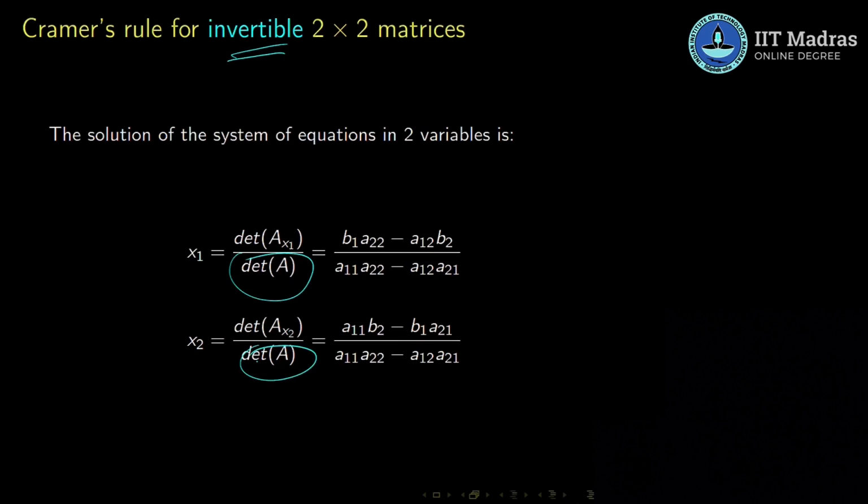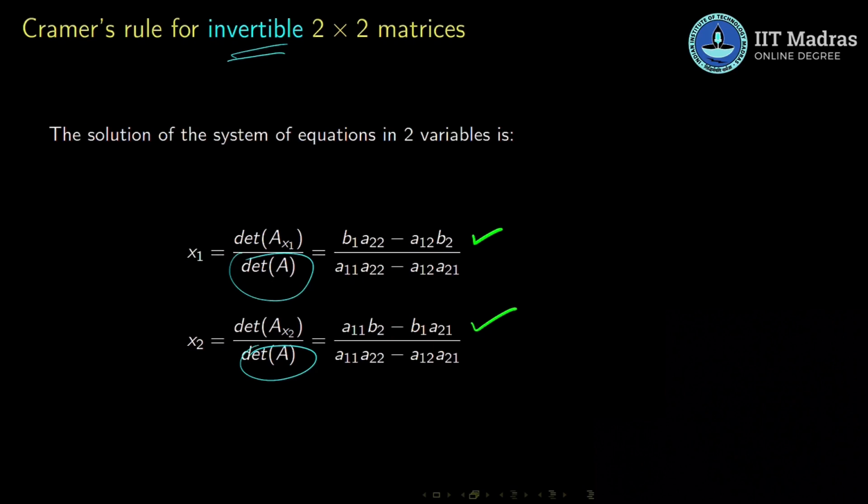For 2 by 2 matrices the determinant is easy to compute. So, the numerator for the first expression is B1 A22 minus A12 B2, and the numerator for the second expression is A11 B2 minus B1 A21, and the determinant of the matrix A is A11 A22 minus A21 A12.